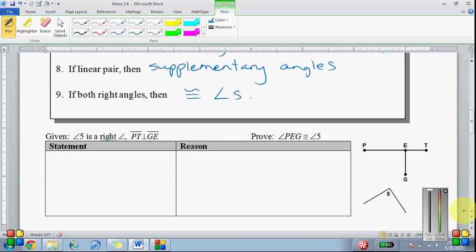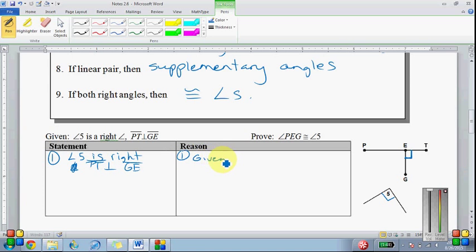So, for example, given that angle 5 is a right angle, so this right here is a right angle, and given that PT is perpendicular to GE. So this would be perpendicular, which means this would also be a right angle. We're trying to prove that angle PEG is congruent to angle 5. So our given is angle 5 is a right angle, and PT is perpendicular to GE.